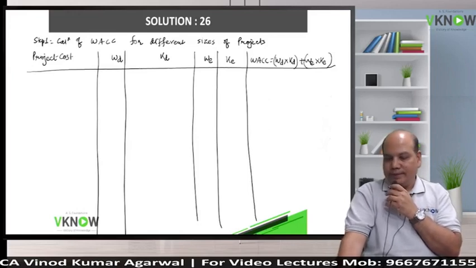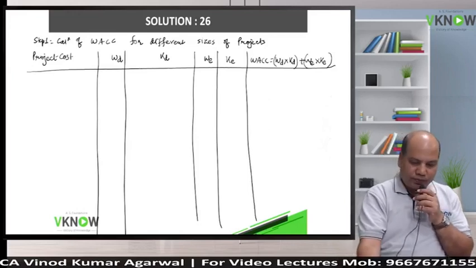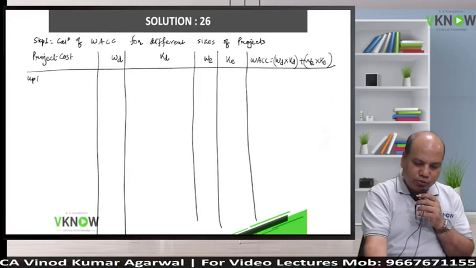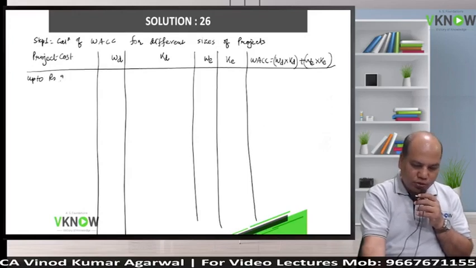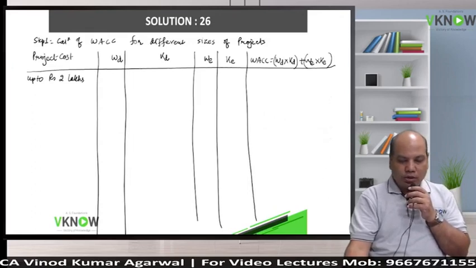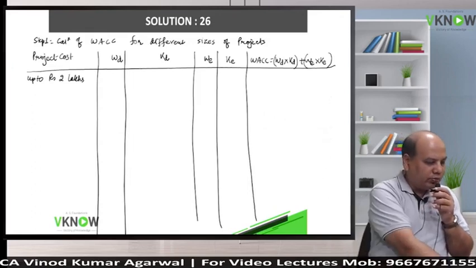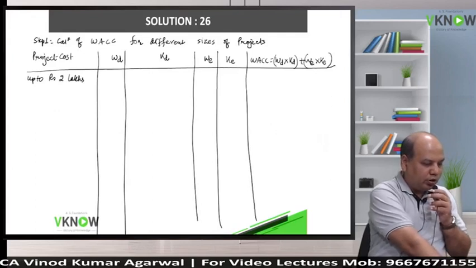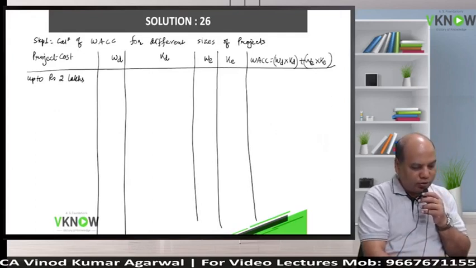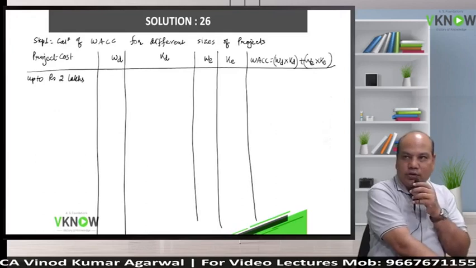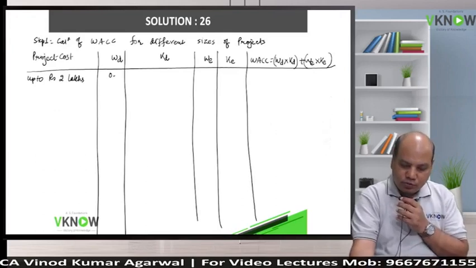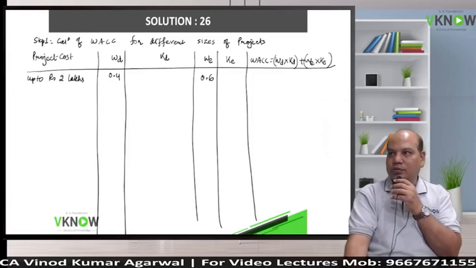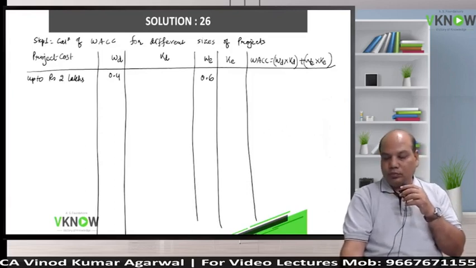Are you happy? Okay, so write. Just copy this from the question book, up to rupees 2 lakh. Same line copy. Weight of debt, how much is weight of debt? Every time they raise funds, they maintain the ratio of debt and equity. Debt 40, equity 60. Is it right? So this will always be 0.4 and weight of equity will always be 0.6. Stop.